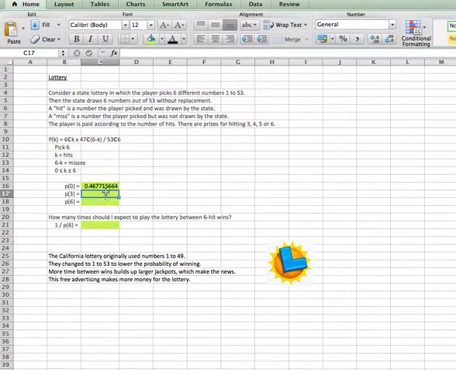And so we see that there is a roughly 47% chance that we will get none. So almost half the time we won't get any of the numbers.